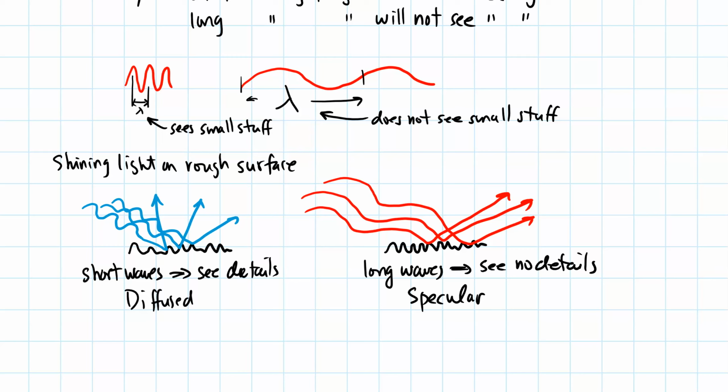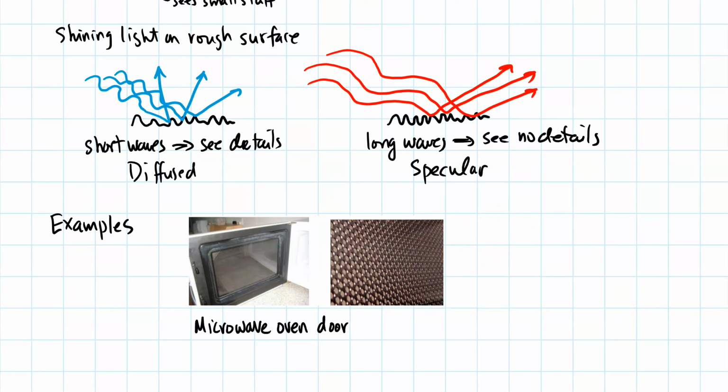There are many examples of this in everyday life here, and two examples is one of the microwave and the other one is of radio telescopes. The microwave oven door. When you look at microwaves, microwaves are the order of centimeters, whereas if you look at visible light, it's of the order of nanometers.